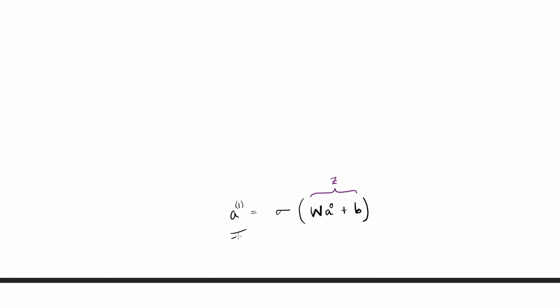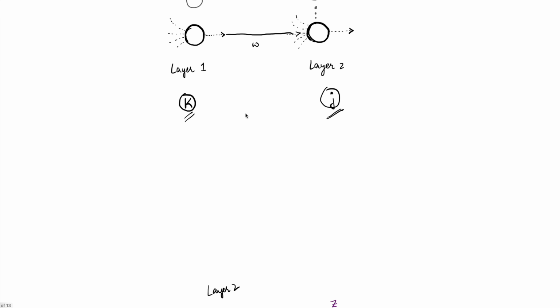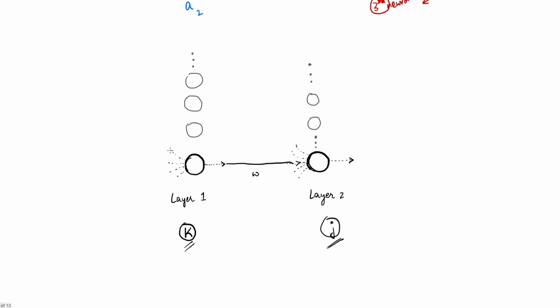This would be the activation of layer 2, and this would be the activation from layer 1. This is a vector. It is not a single value, but it is a vector. And this as well is a vector, a vector consisting of activations of all the neurons in this layer.